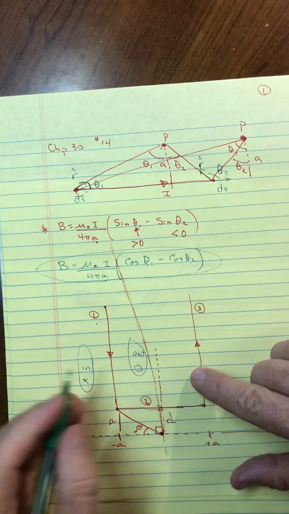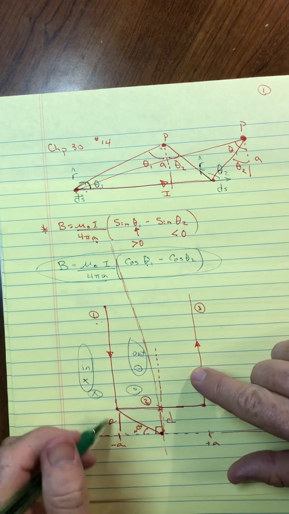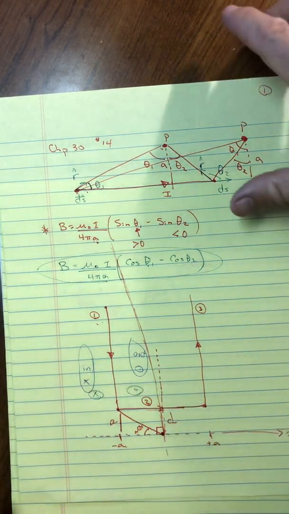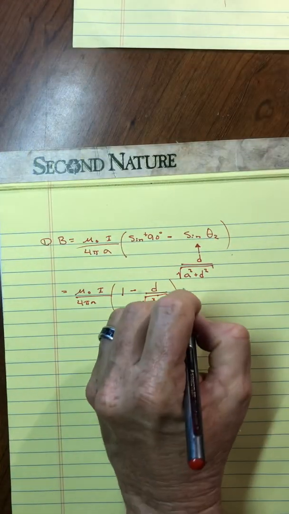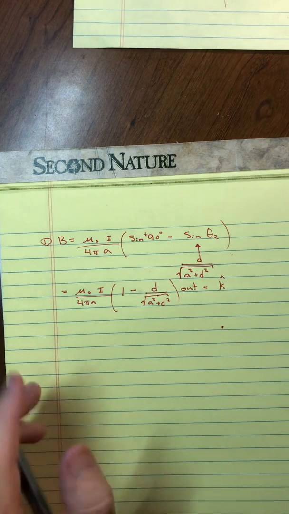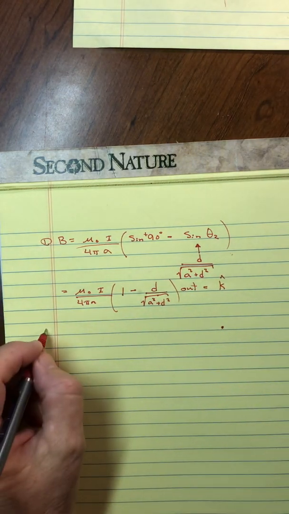And I guess I would do that in green, X's in and dots out for the magnetic field from wire 1. And this point P is over on the right, so this is going to be coming out. So back here with this equation, I'll say out, or if you prefer, a k-hat direction. And so again, this is the magnetic field from number 1.